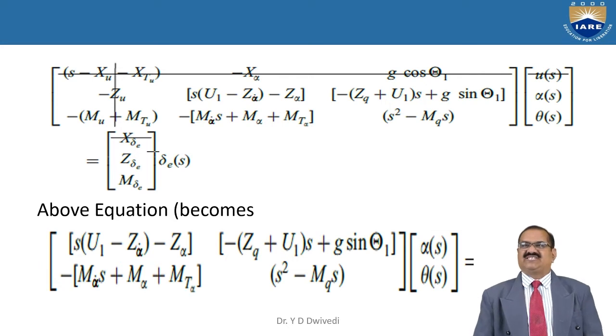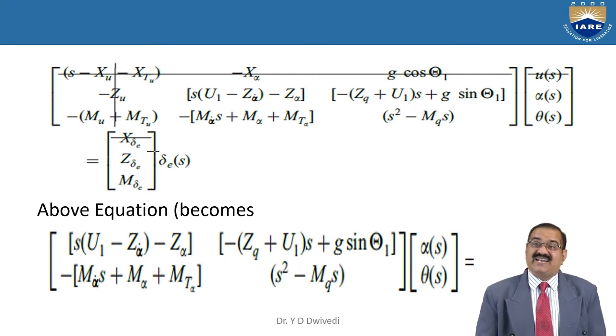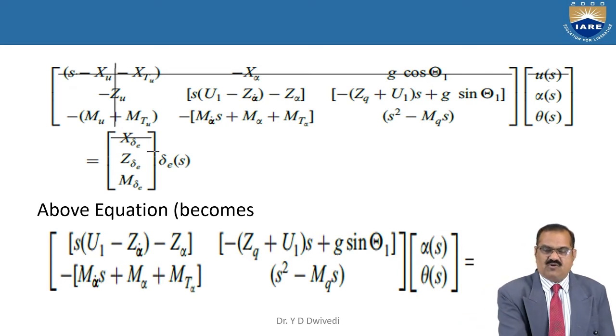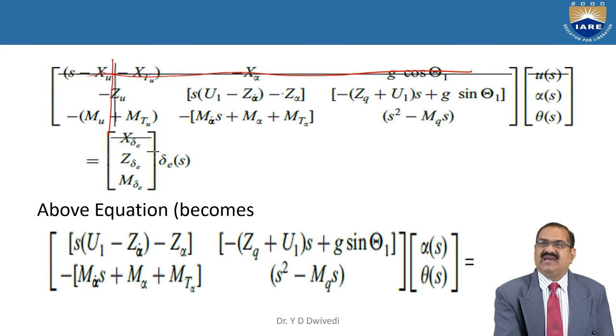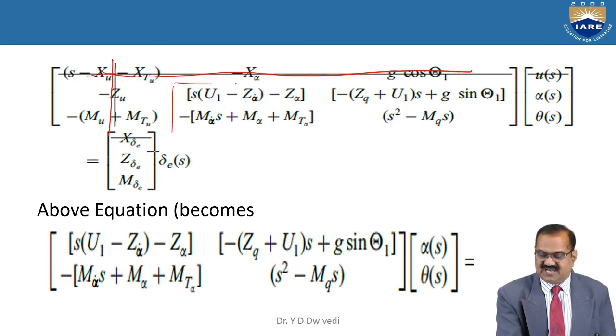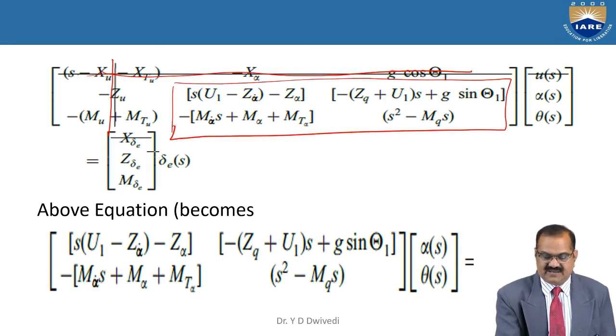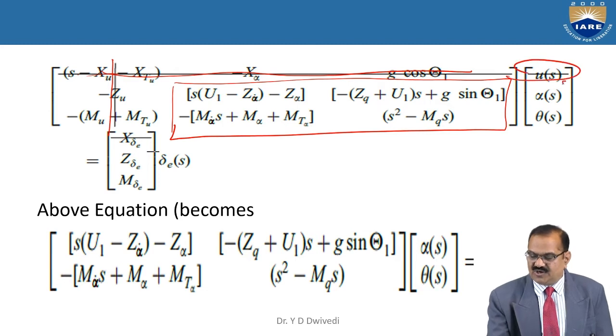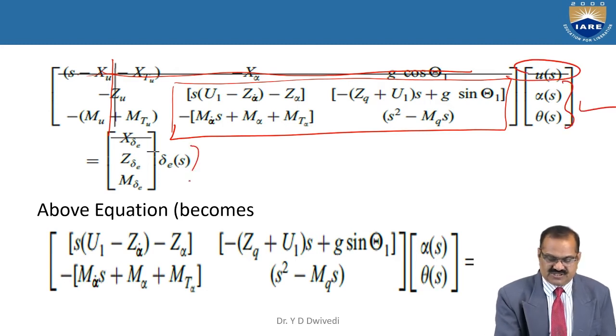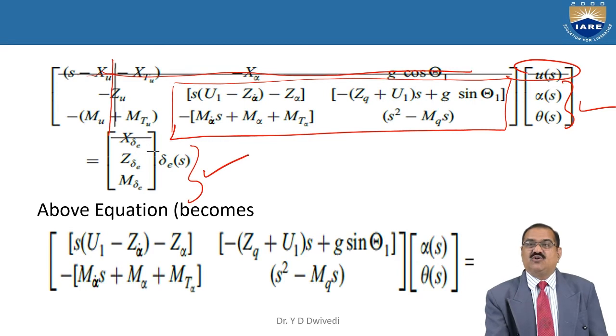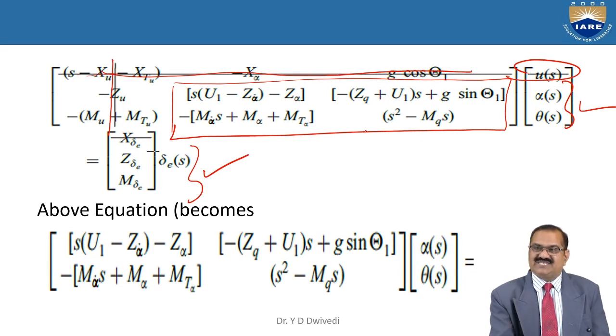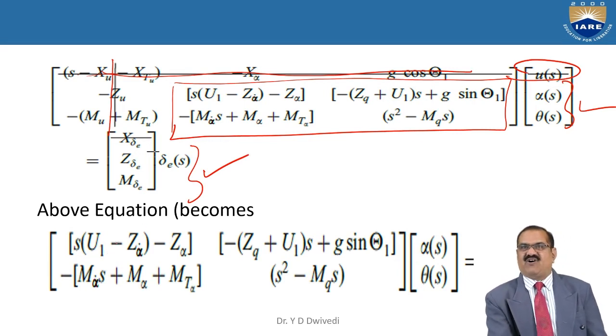So, we made this matrix in the previous class. If you eliminate the first row and first column, only these terms will remain. So you can see that the above equation can be transformed into this form.